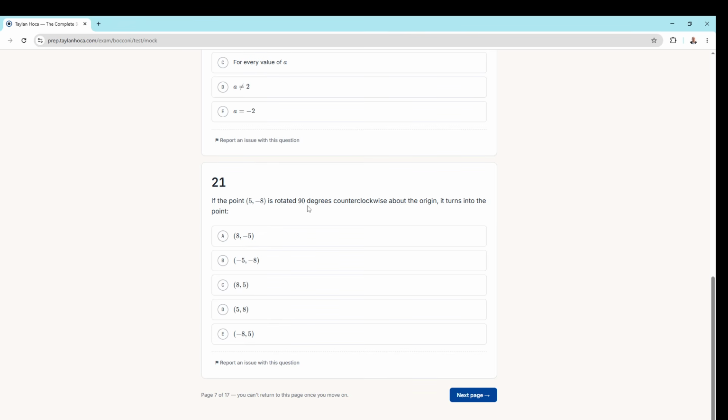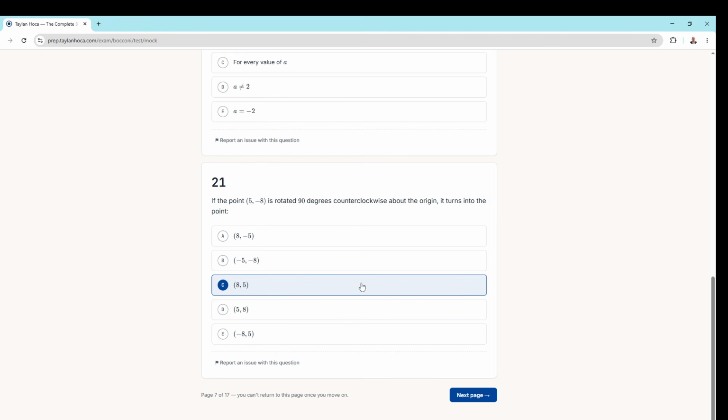Clockwise is like this, counterclockwise like this. Therefore, it must be in the first quadrant. Counterclockwise must be in the first quadrant, and they must both be positive then. If it is 90 degrees, we must interchange these numbers. So since they are both positive, (8, 5).